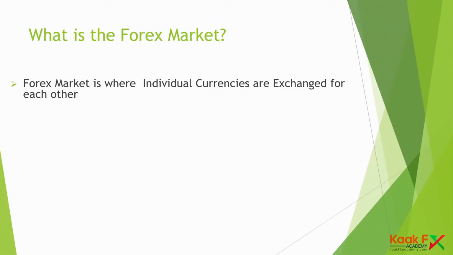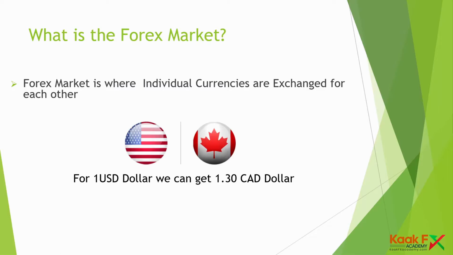Now, let's take a look at what is the Forex market. The Forex market is the foreign exchange market. What does that mean to us? It simply is the marketplace where we could exchange one country's currency for another country's currency. In this example, let's say we have $1 US.